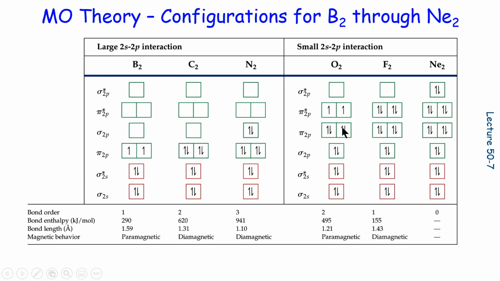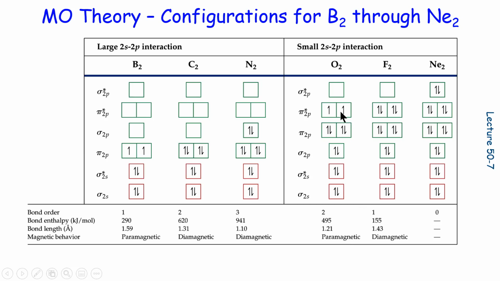Oxygen is really the one I want to focus on. From previous theories, whether you do Lewis structure or valence bond theory, we just never see single electrons in O2 molecules. But here, using the molecular orbital theory, we do see 2 unpaired electrons. And because of that, O2 is paramagnetic.